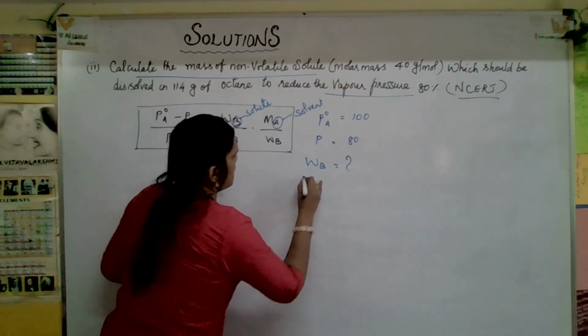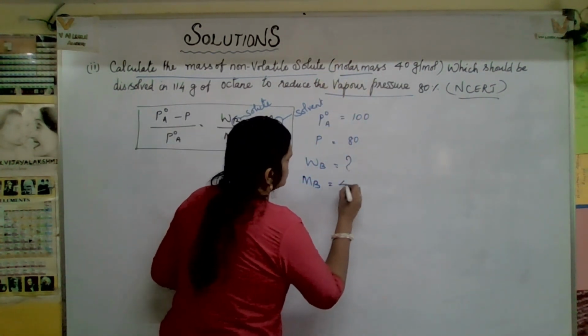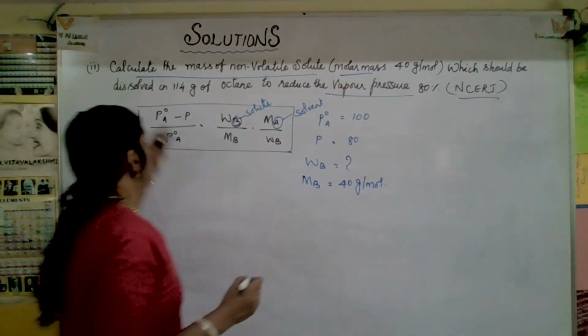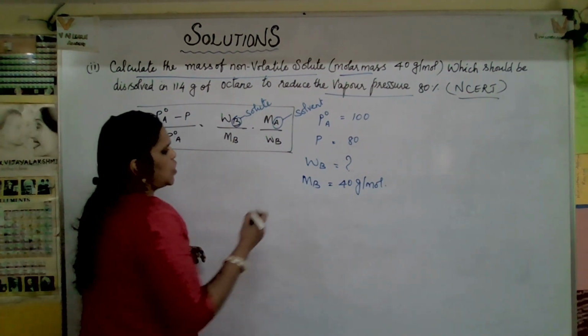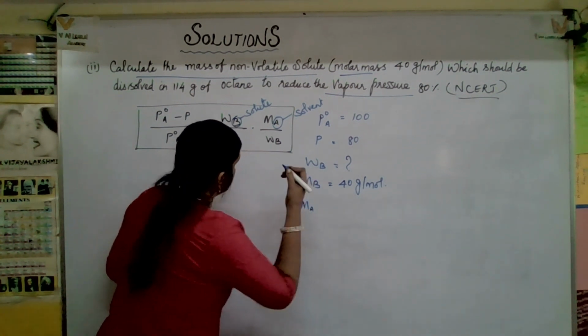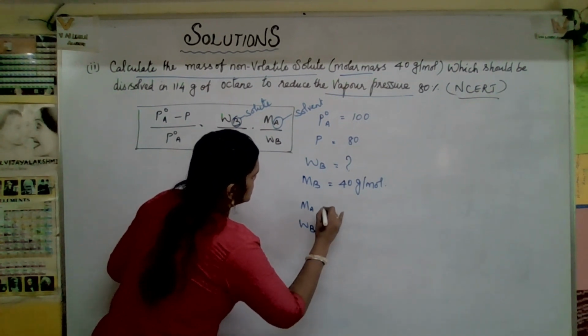MB, molar mass, they have given as 40 gram per mole, which should be dissolved in 114 gram of octane. So 114 gram, molar mass of solvent and WB, the given mass of the solvent.